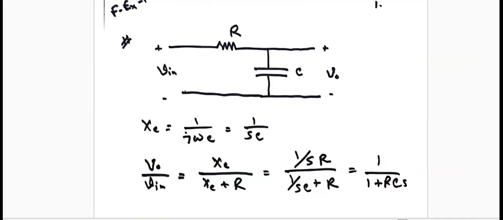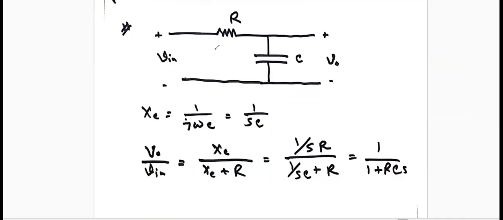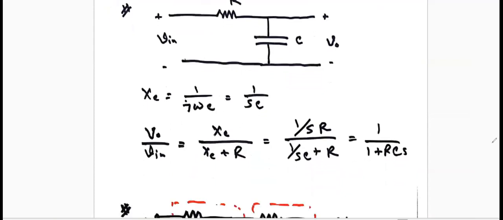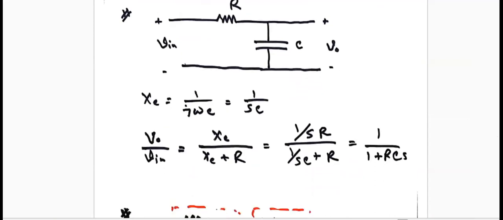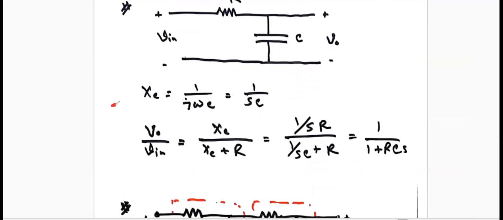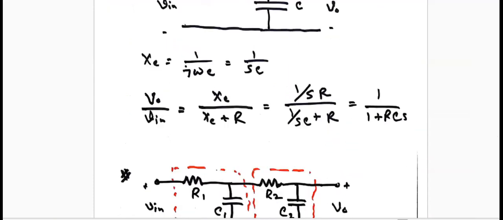Let's start again from scratch. We have an R and C circuit, and from there I'll go a little bit faster because you know this. We have this expression of the output versus input, that is also the transfer function.